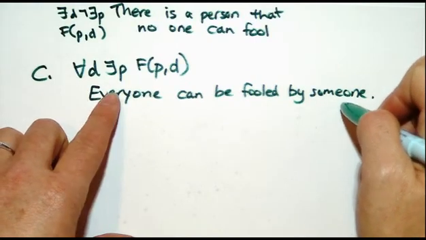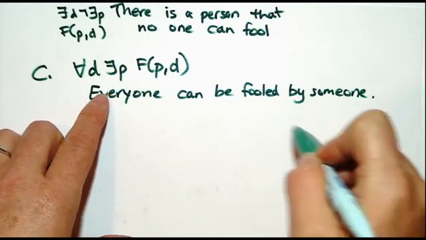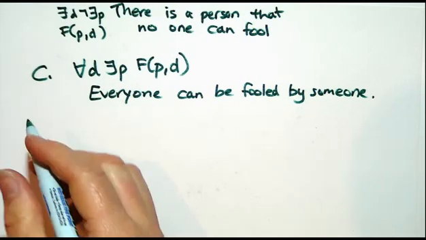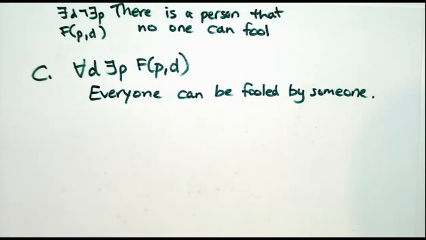So this looks good because there could be a lot in my English sentence and there could be a lot in my predicate calculus sentence. So I want to make sure that they match up. Any questions about this one? So it's also fine to say, for each person I can find someone who can fool them. That is fine also. So I recommend I can find after a for all.